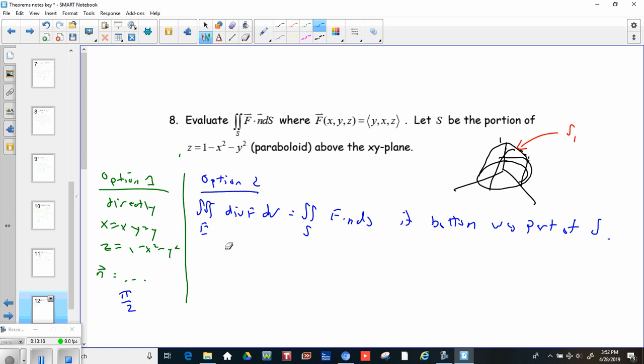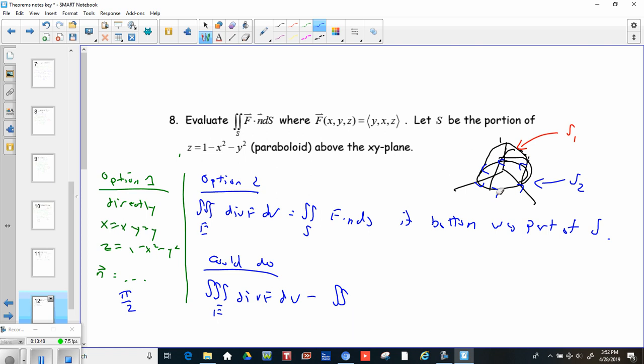However, what we could do is the following. We could take the divergence of F and subtract this bottom disk, this bottom surface right here, which now I'm going to call S2. And that's this piece that we would traverse that way.